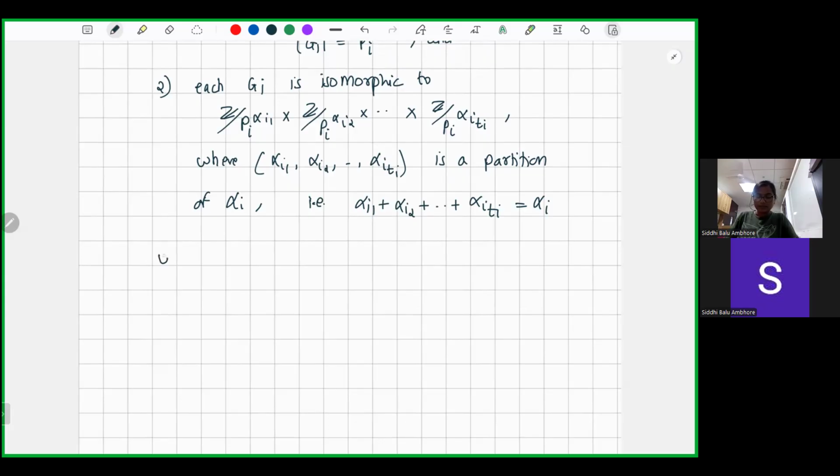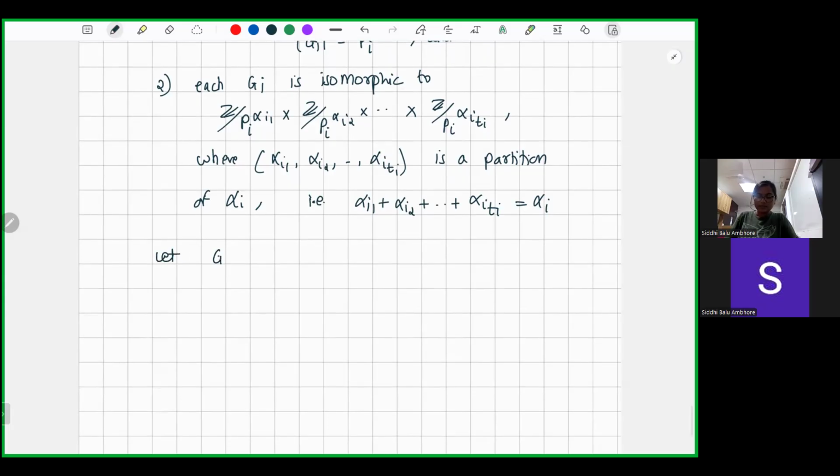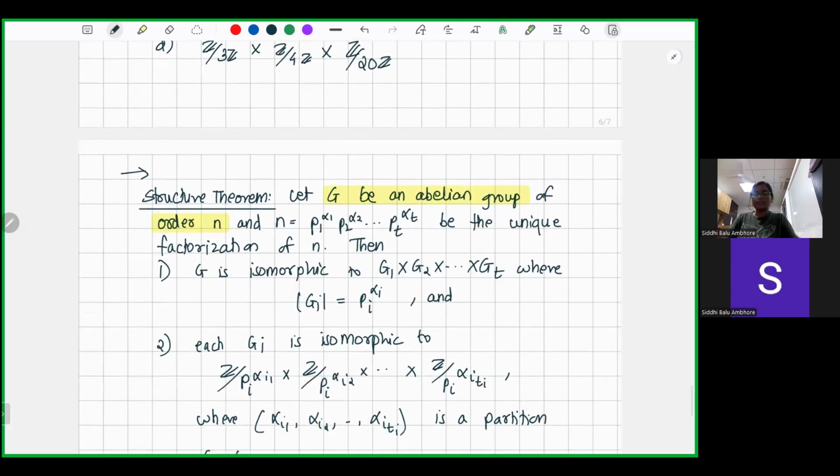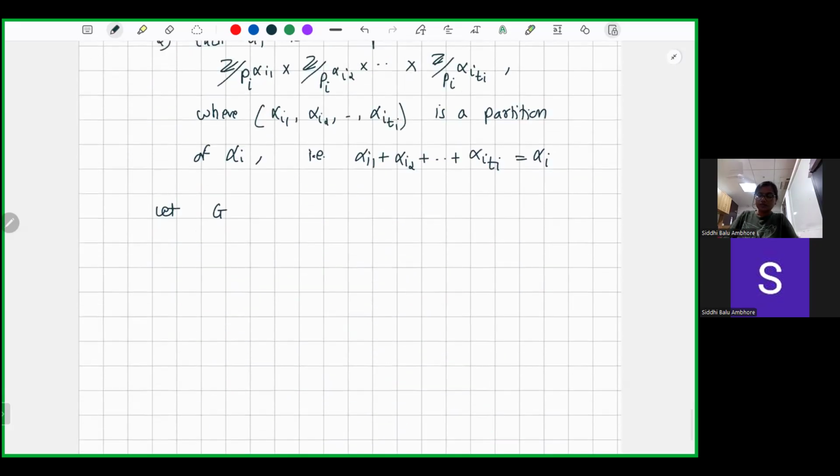So for example, let G be an abelian group of order, suppose, 8.